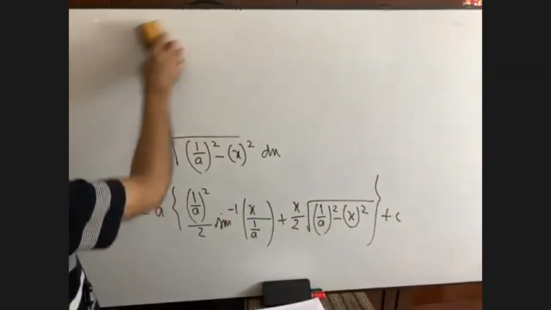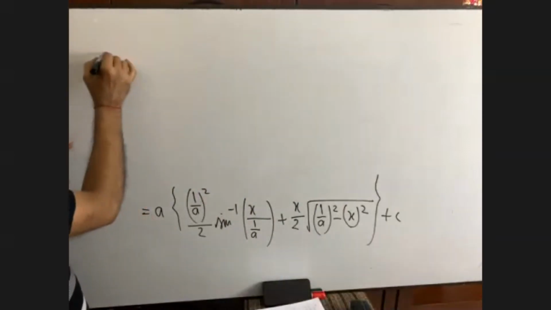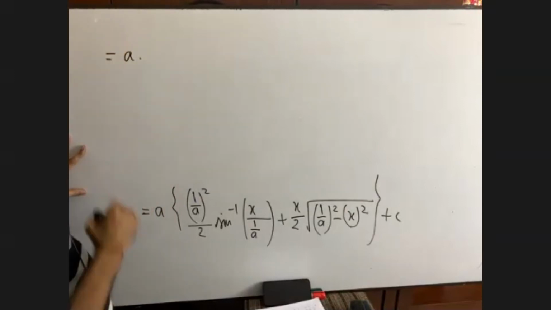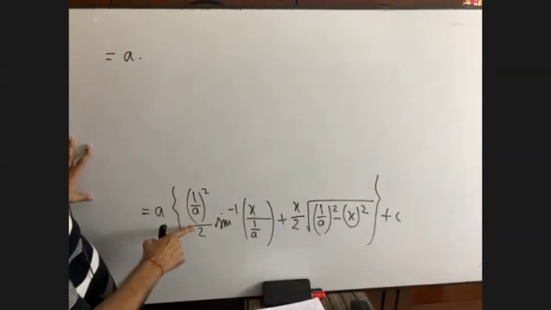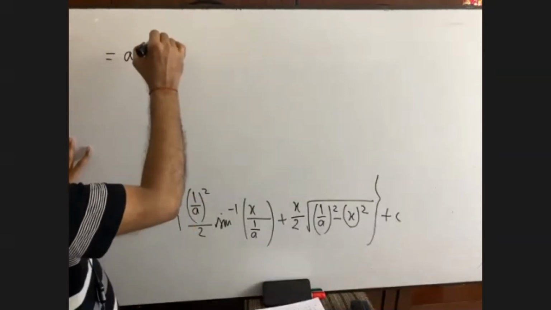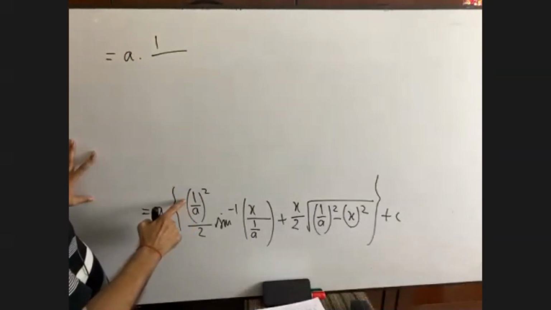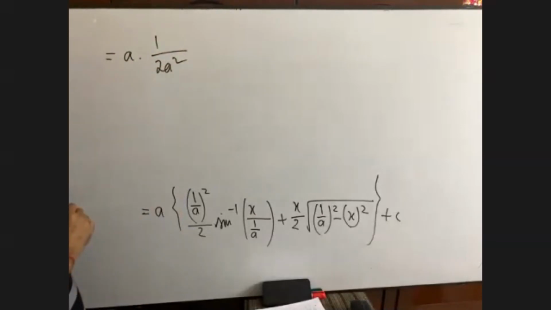Now after that you have to calculate. Nothing is left here. Suppose we are going to multiply with this a. This is a, and this is what? 1 by a square, 1 by 2a square, right? Yes, it is.